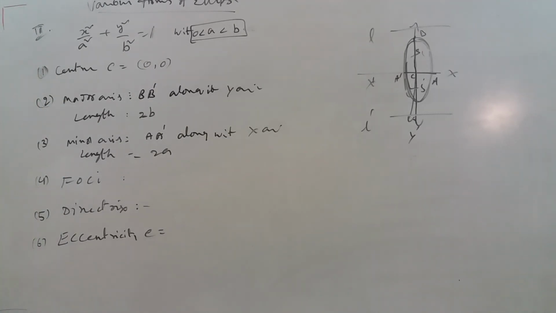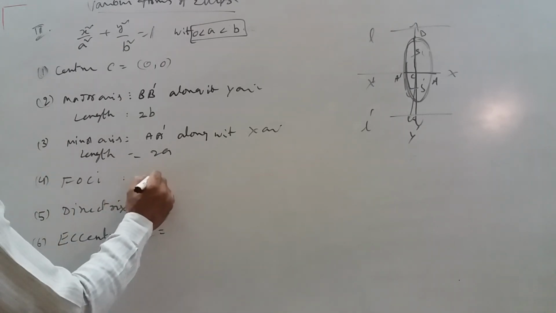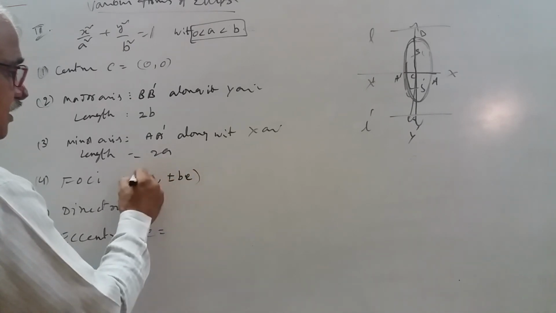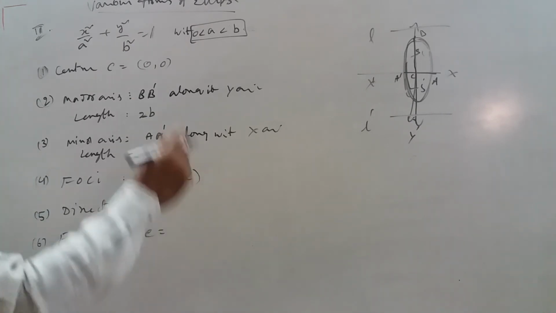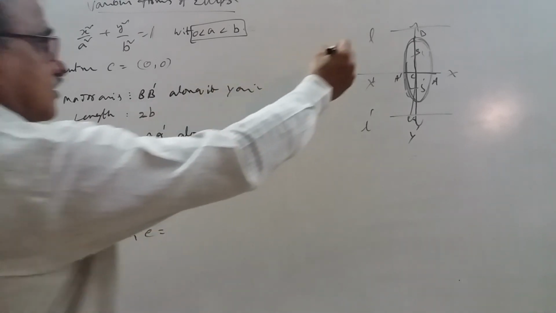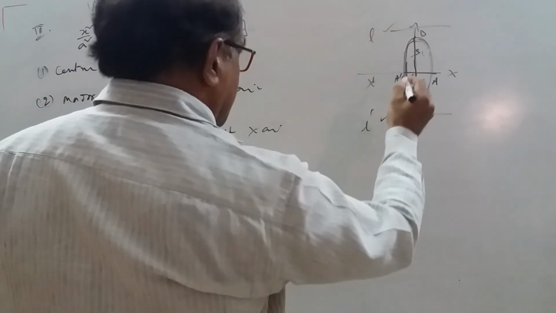If on the y axis, they are (0, plus or minus be). Here e is the eccentricity, and b is the coordinate. Similarly, the directrices: this one is a directrix, and this is the other directrix.